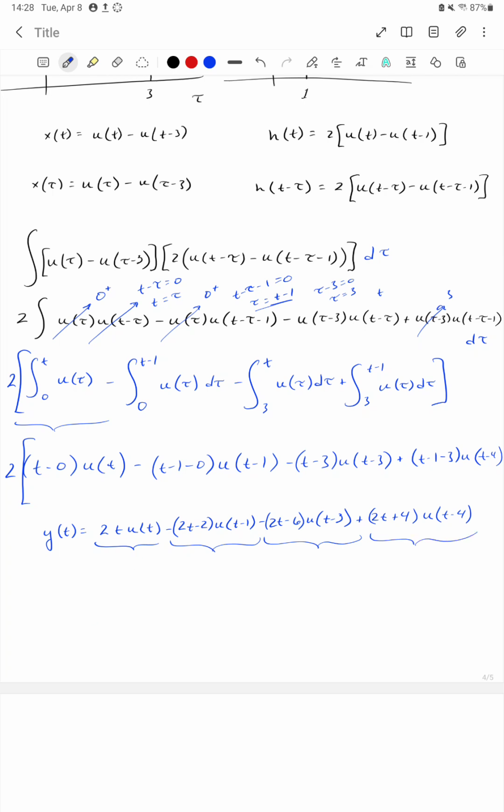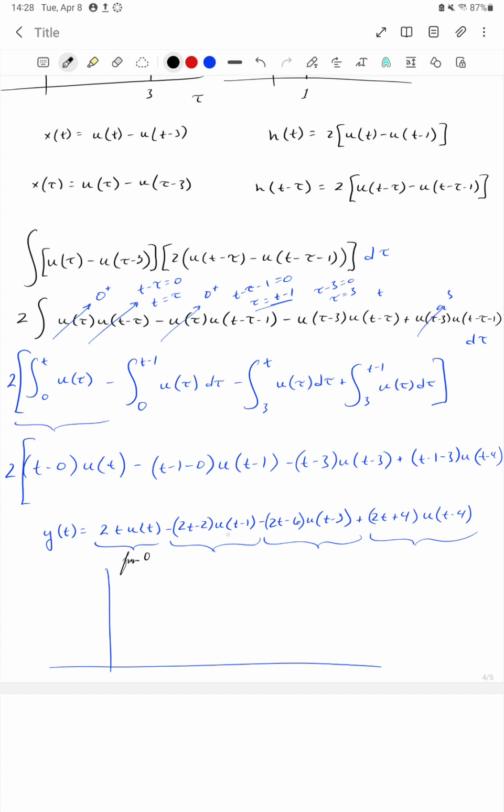So this first part, you're going up by 2, starting at u of t, which is 0, right? So if we draw this graph, starting at 0, we're going up by 2 per 1 second. And this is going to be from 0.